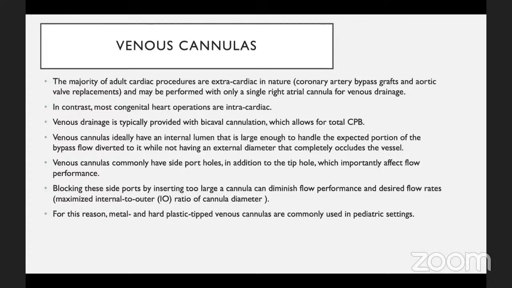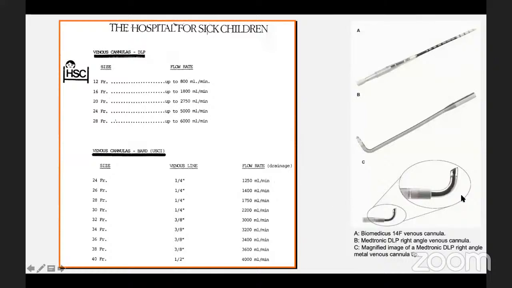Venous cannulas commonly have side portholes in addition to the tip hole, which importantly affect the flow performance. Blocking these side ports by inserting too large a cannula can diminish flow performance and desired flow rates. For this reason, metal and hard plastic tipped venous cannulas are commonly used in pediatric settings, like this Medtronic DLP.